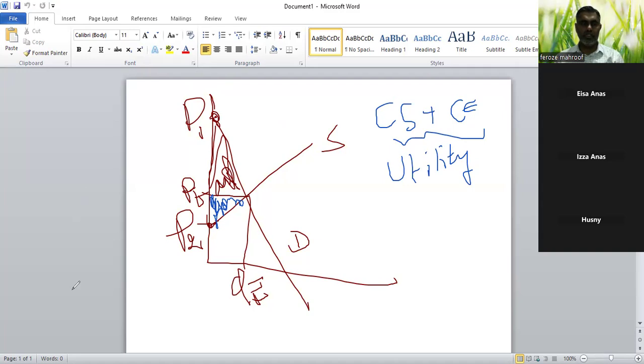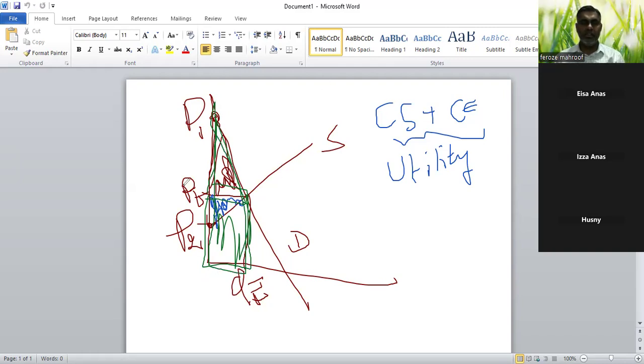The green color rectangle's area is consumer expenditure. Similarly, the maroon color area is consumer surplus. Then the whole green color area is consumer utility, otherwise total utility.